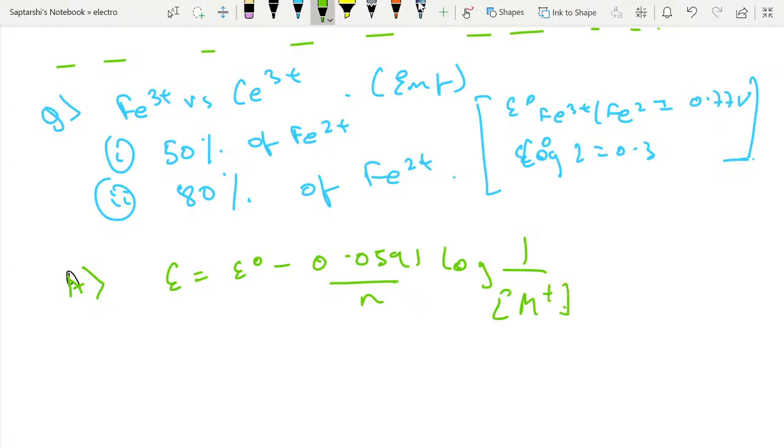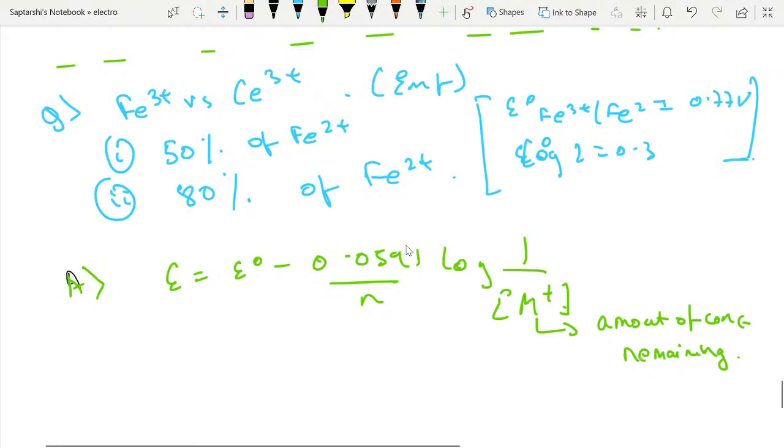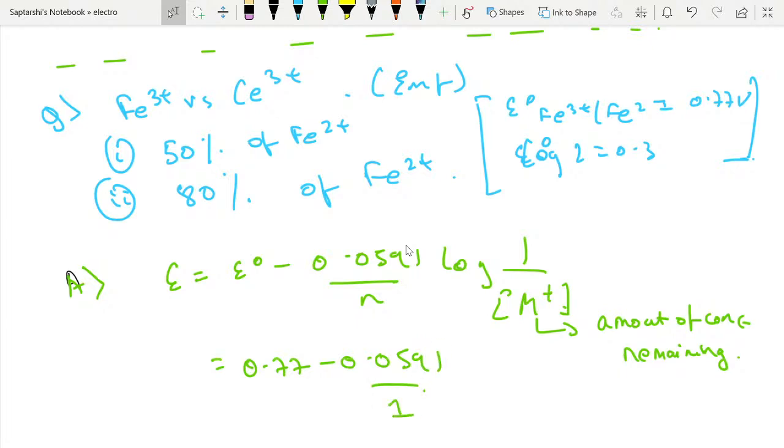Here is the trick: in log of 1 by M n plus, M n plus is the concentration remaining, not used up. It's similar to first order kinetics if you want to relate it. First of all, you need to find the E dot value. What is the E dot value? 0.77. So this is minus 0.0591, and n is 1 over here.